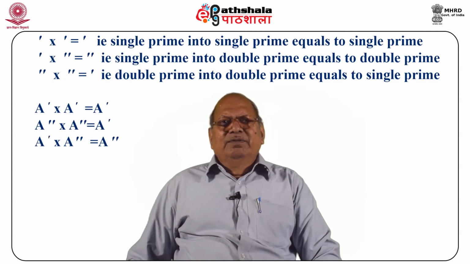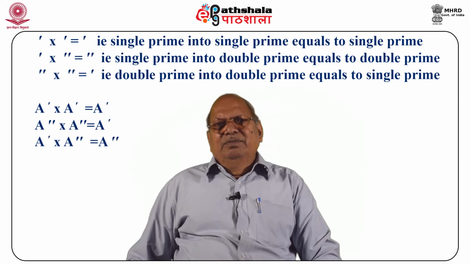Similarly, we have prime and double prime: single prime into single prime equals single prime, as shown. Then single prime into double prime, we will get the result as double prime. Double prime into double prime, we will get single prime.